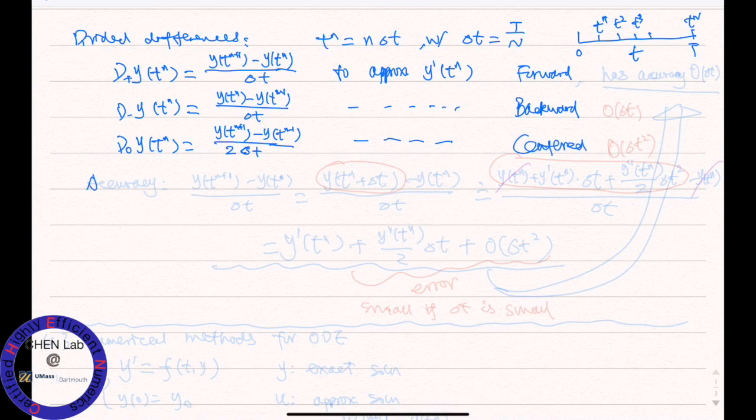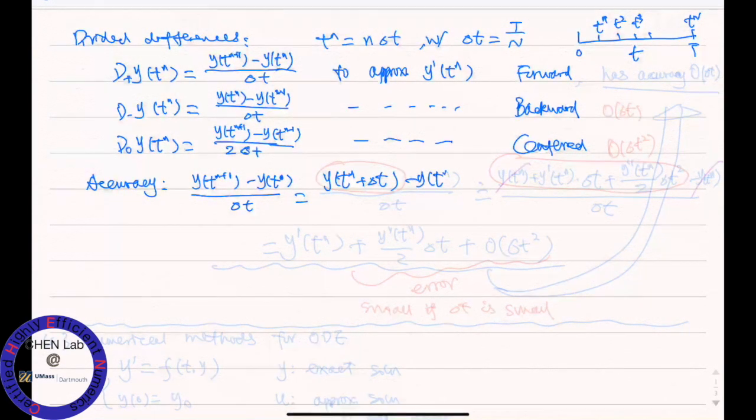So in terms of accuracy, what we do is that say you look at the D plus. This is y at Tn plus 1 minus y of Tn divided by delta t. What is y at Tn plus 1? That's y at Tn plus delta t, the next step.